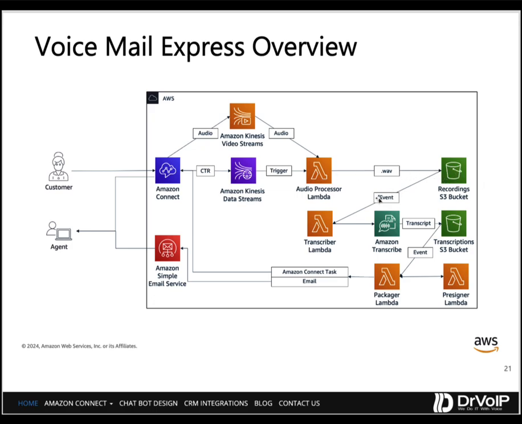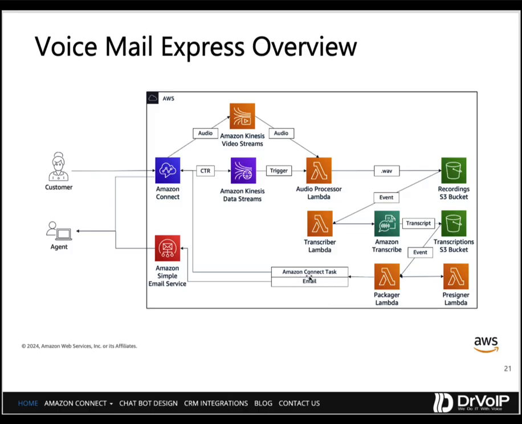This will generate an event which causes another Lambda function to transcribe the recording, and then that will generate the transcription. It'll put that in a transcription bucket, which will also generate an event that will package things up and generate a pre-signed URL for being able to retrieve it.